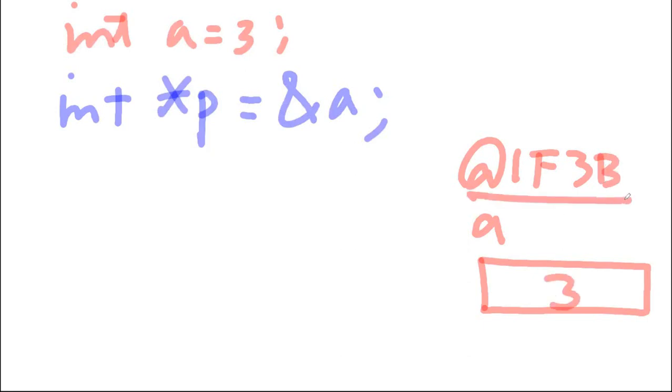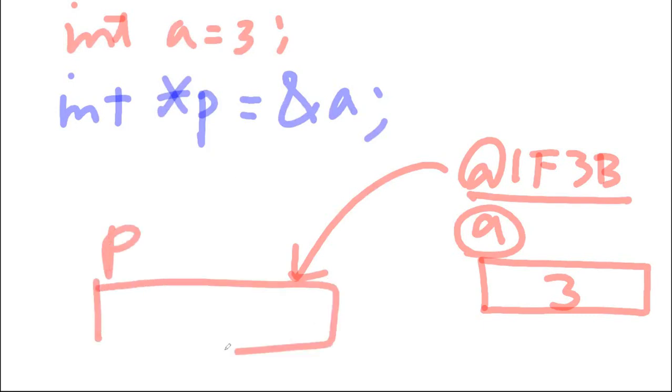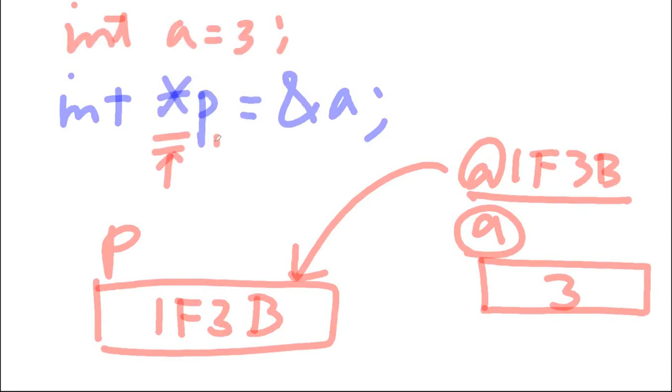That's the address of this memory, and the name is A, right? Then we copy the address of this guy to a variable called P, and that variable has 1F3B over there. The body of P is an integer.